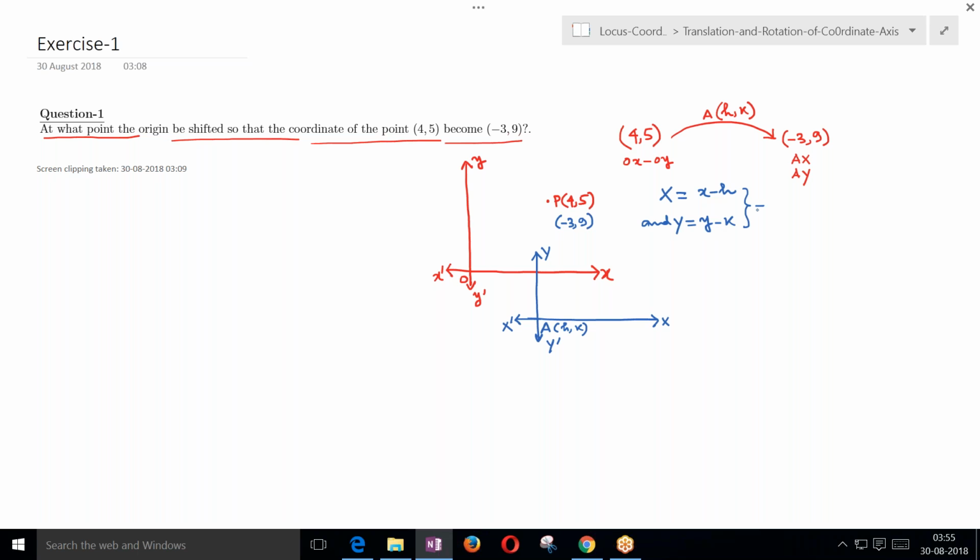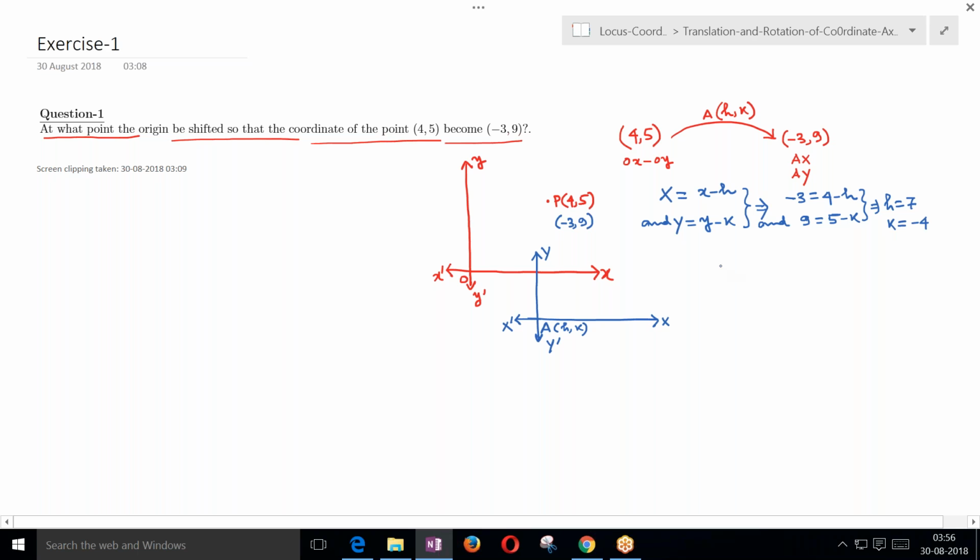Now if we transform this based on the information I have, it becomes -3 is equal to 4 minus h, and 9 is equal to 5 minus k. If you solve these, you will get h is equal to 7, and k is equal to -4.